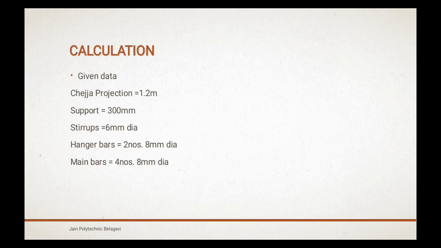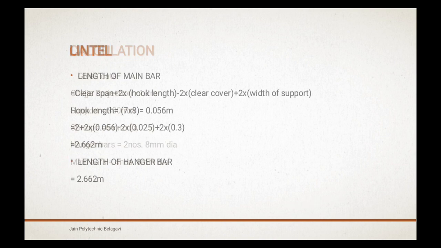Given data: chajja projection 1.2 meter, support 300, stirrup 6 dia, hanger bar 2 numbers 8 dia, main bar 4 numbers 8 dia. First we calculate the lintel main bar. The formula is clear span plus 2 into hook length minus 2 into clear cover plus 2 into width of support.